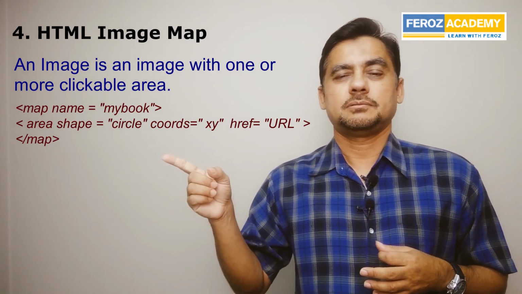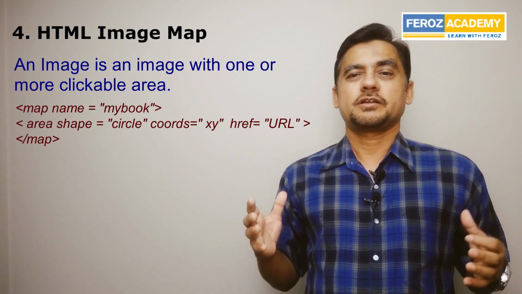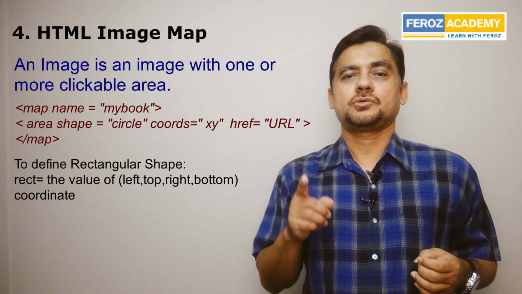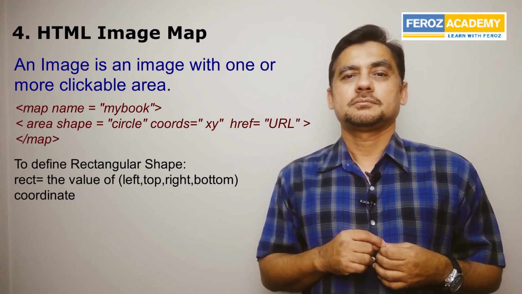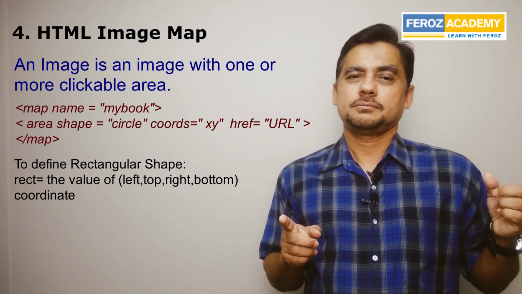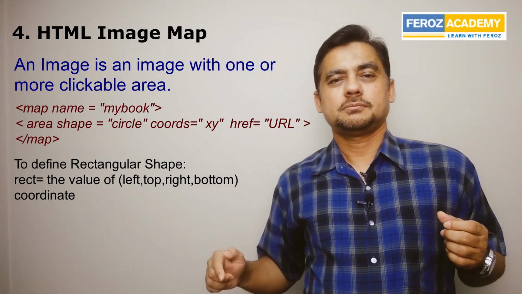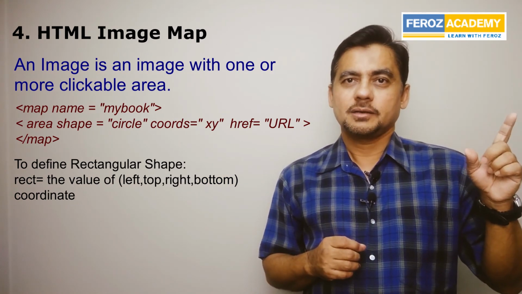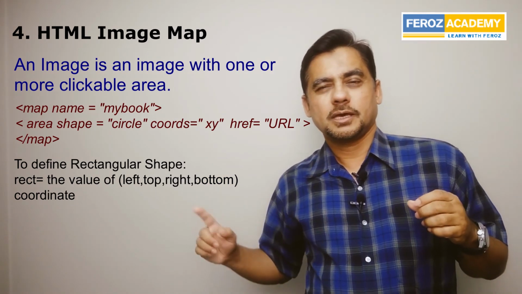Look at this example. The value of the coordinates depends on the type of shape. For a rectangle shape, you need to set 4 coordinates. And the coordinate values must be as left top, right bottom, or axis wise, x1, y1, x2, y2.